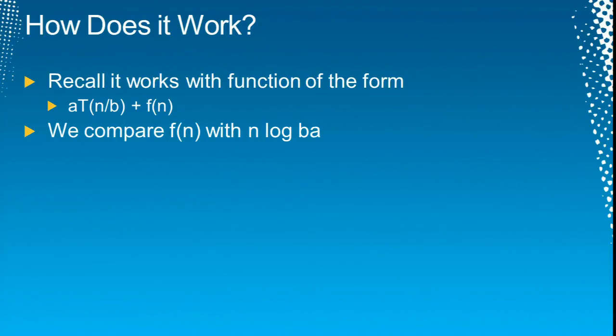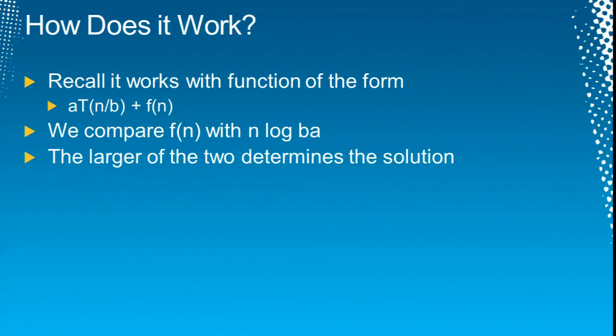All we do is take the little function at the end and compare it with n^(log_b a), where we've already said what b and a are. So it's a comparison. We just look at the two things. The larger of the two determines the solution. And intuitively, that's right, just as we said previously, if n is big, then it dominates the function.